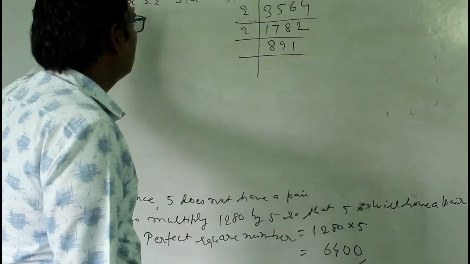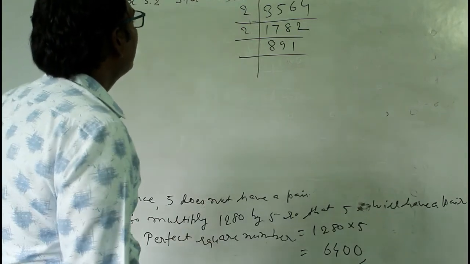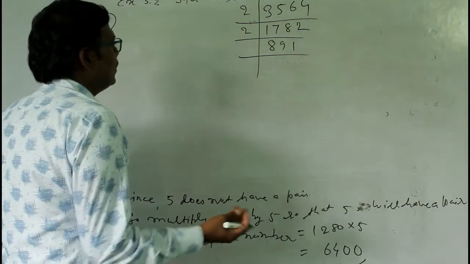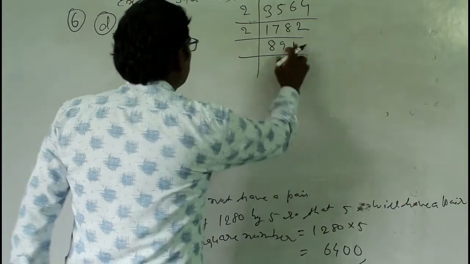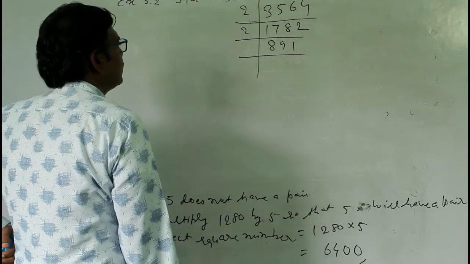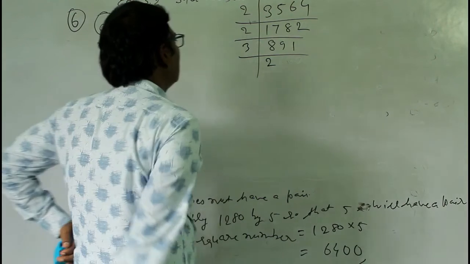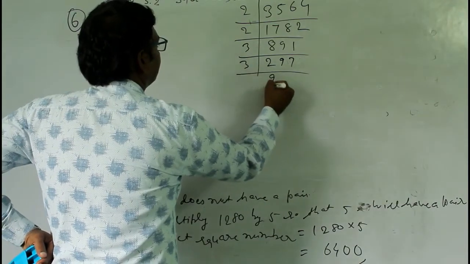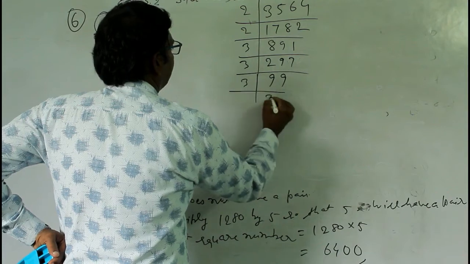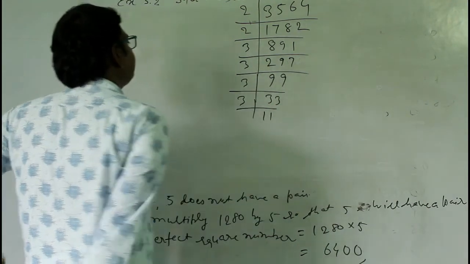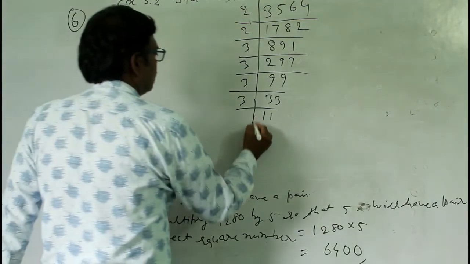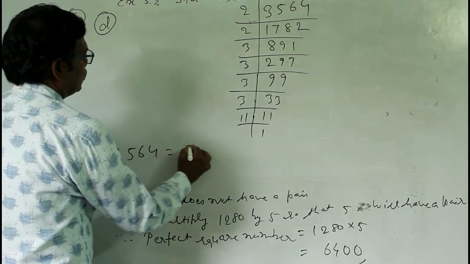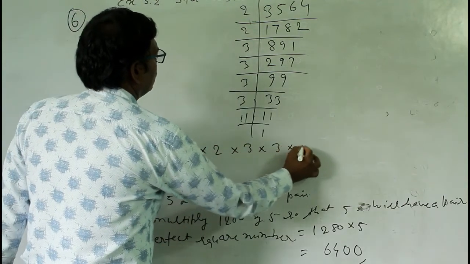So these are the prime factors here, and therefore 3564 equals 2 into 2 into 3 into 3 into 3 into 3 into 11.